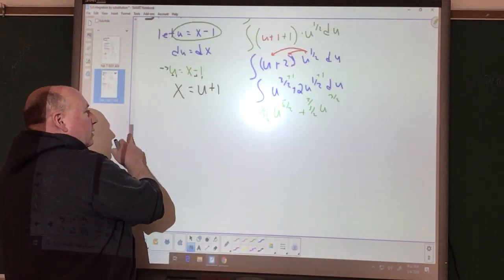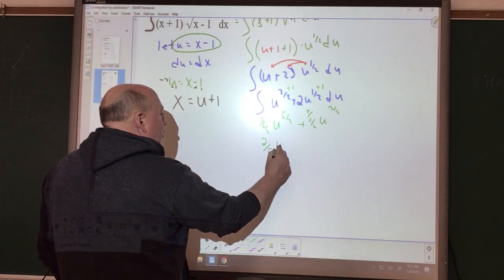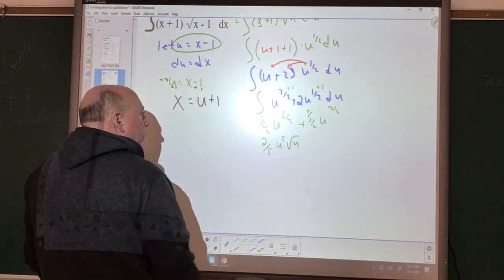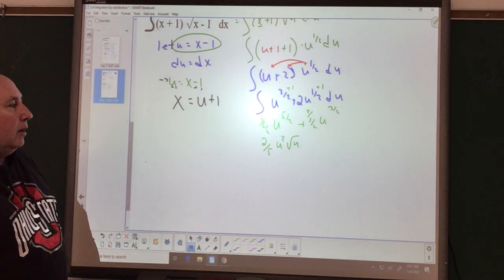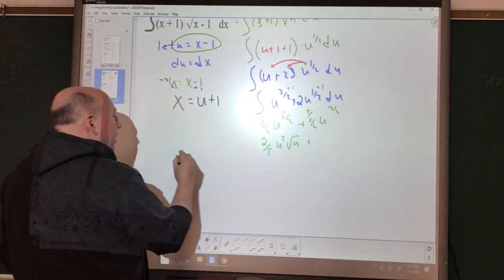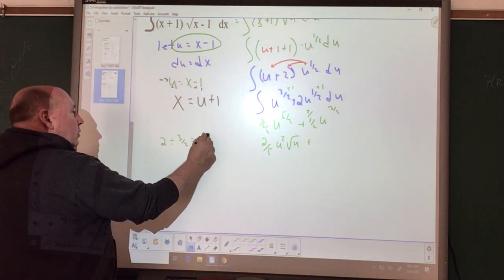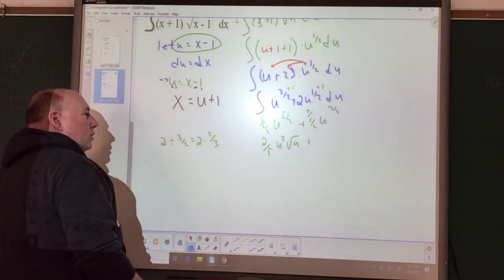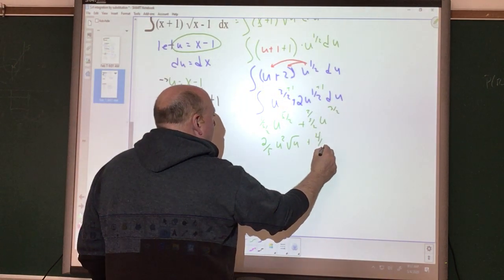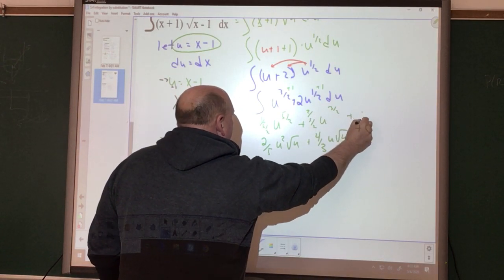This tells me to reciprocate, so this turns into 2/5 u squared square root of u. This turns into 4/3, so we have 2 divided by 3/2, which is 2 times 2/3, which is 4/3 u square root of u, and don't forget your plus c.